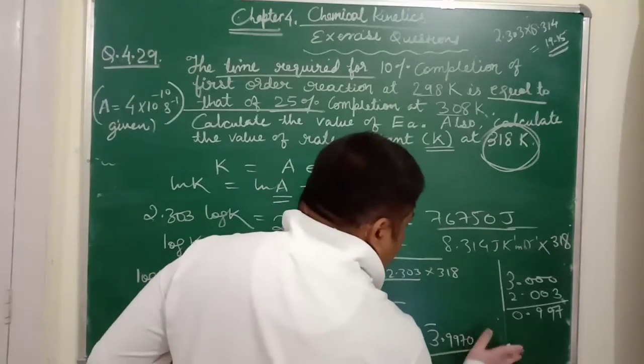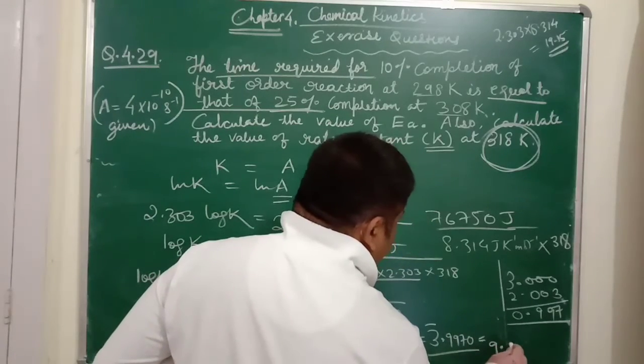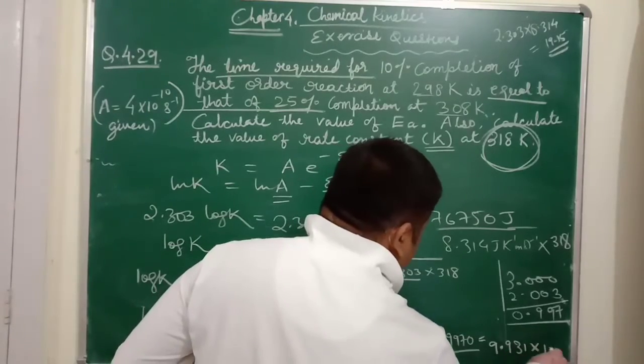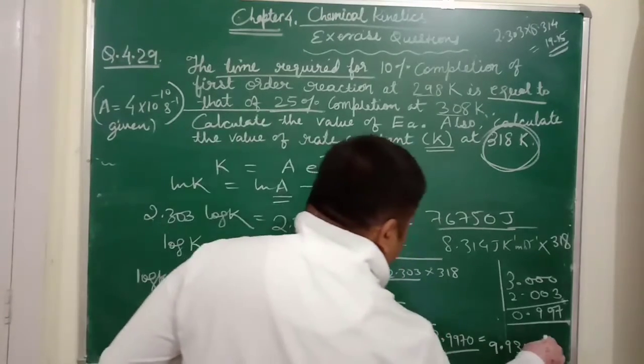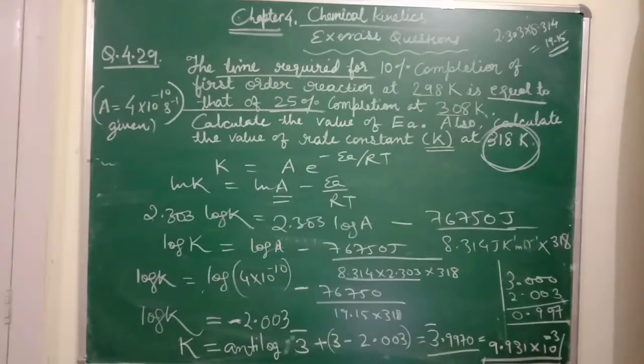So this will be equal to 9.931 into 10 to the power minus 3. Yes, this is tallying with the answer which is given in your book also.